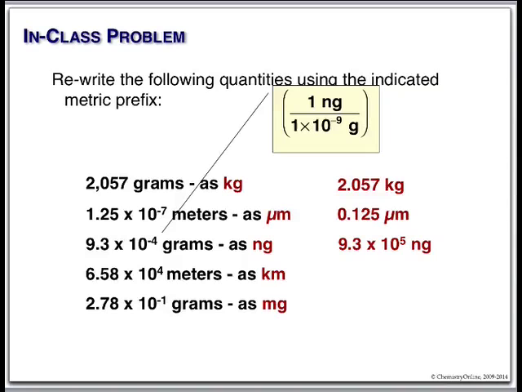Gram has to be in our denominator. So we write the ratio: 1 nanogram is the same as 10 to the minus 9 grams. And then the simple math, just multiply your given by the ratio.